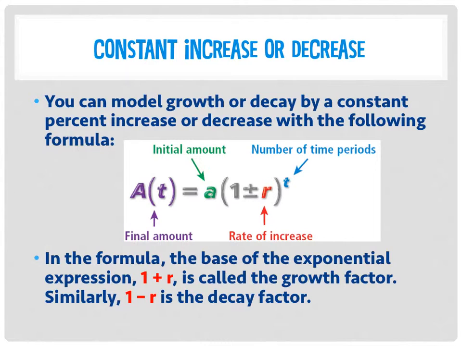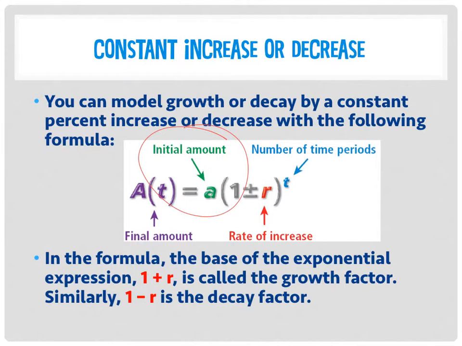So the way that you set up a model is the initial amount. Whatever amount you're starting with is your initial amount times 1 plus or minus the rate of change. If it's growth, it's going to be a positive change, right? So I would get plus the rate. If I'm in a savings account earning 5% on whatever I've got in there, I'm going to take whatever money I put in initially times 1 plus the interest rate.